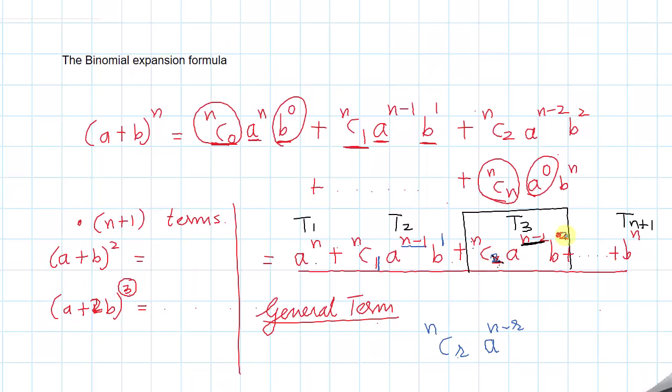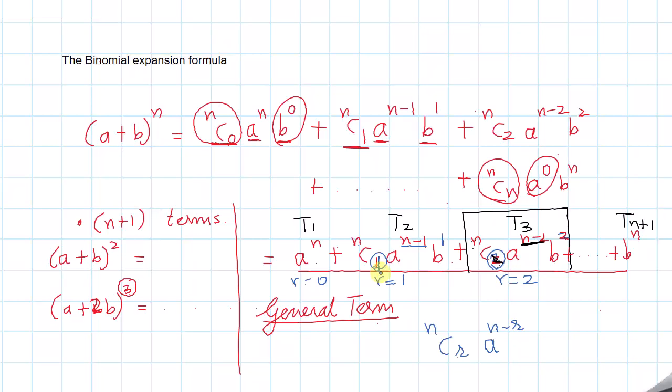So r is basically your running variable. For this case, your r is 0, then your r is 1, your r is 2. So r is basically this, which keeps on changing value. Everything else is remaining the same. So your a, n, and b are remaining the same. Your r keeps on increasing as you go ahead in the expansion.